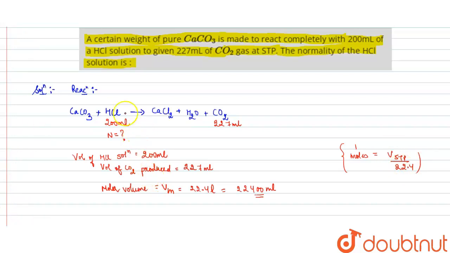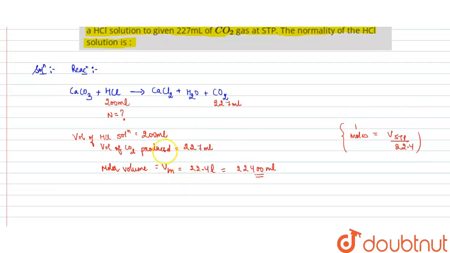So now from this we can calculate, by using the relation, the moles of CO2. Moles of CO2 will be equal to the volume at STP in milliliters divided by 22400 ml, that is the molar volume.